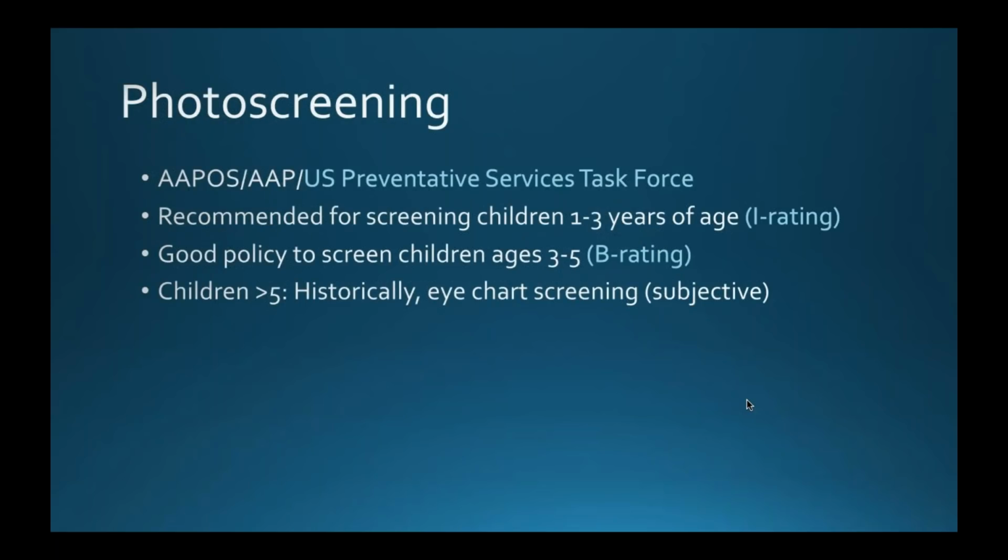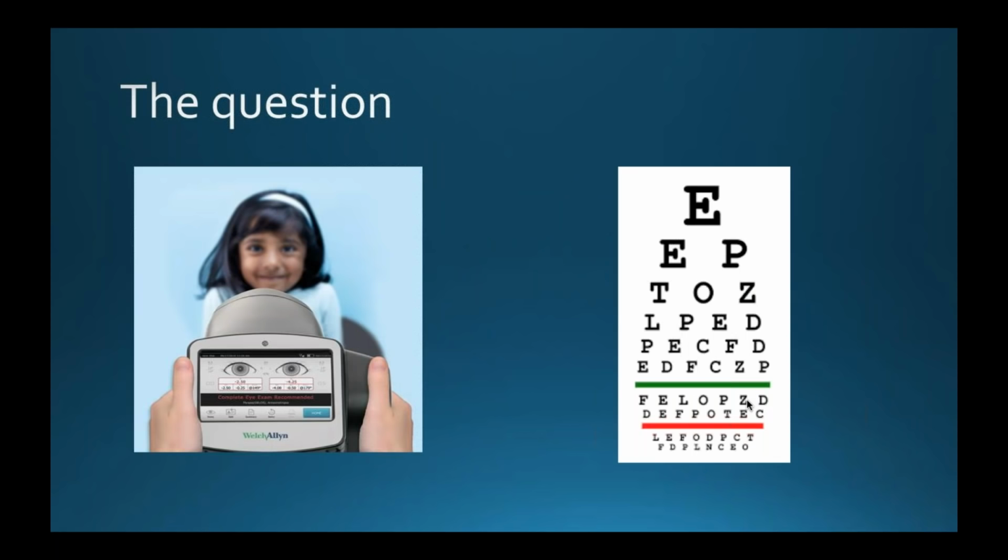So looking back at photo screening, we look at the recommendations from these groups, and we see that for children less than 5 or before kindergarten and before, the photo screening is very validated equipment to use. But the next question is for children that are greater than 5 years of age and school age, what is the best way to perform mass screenings?